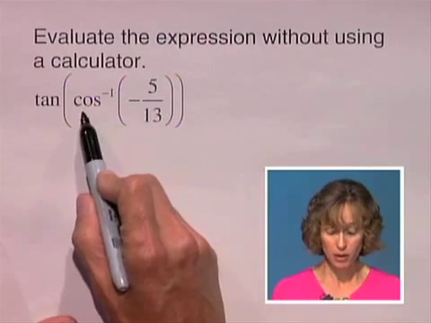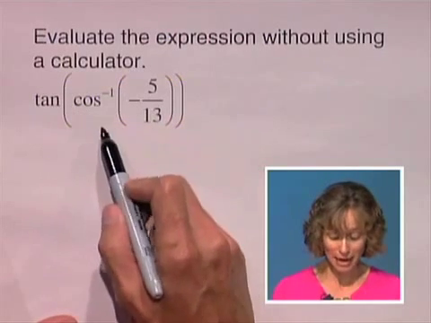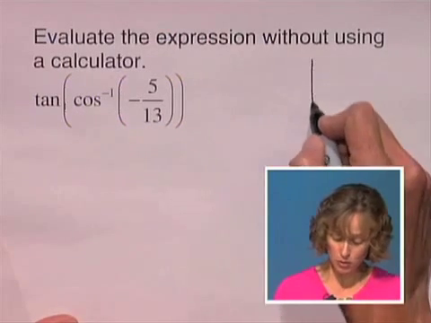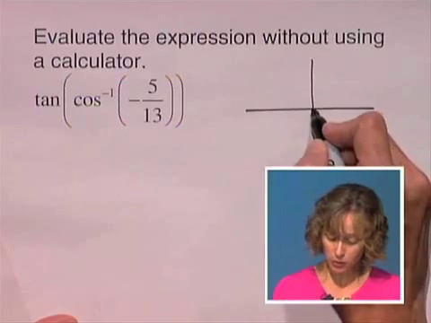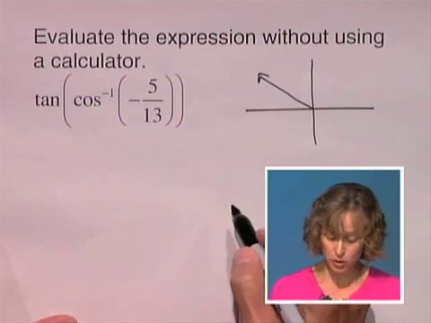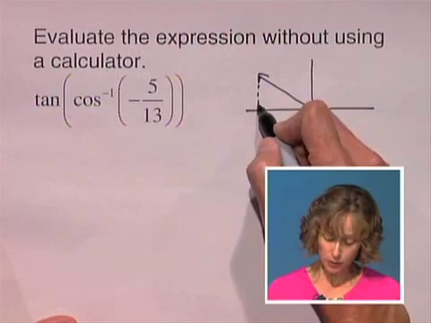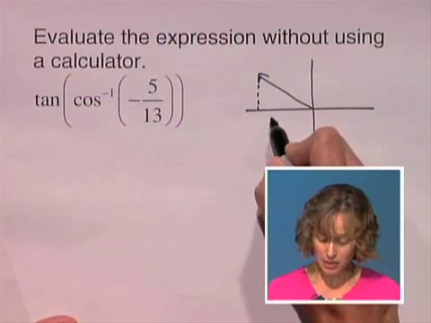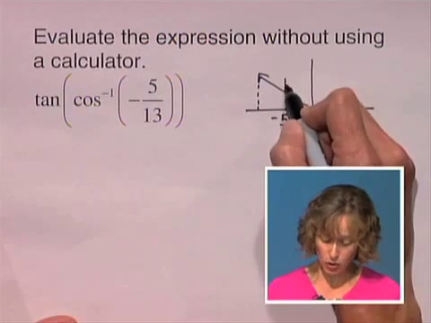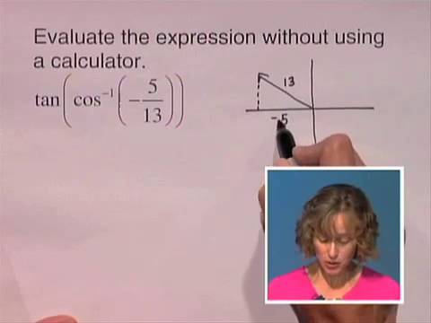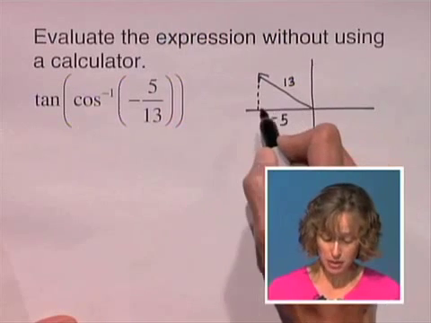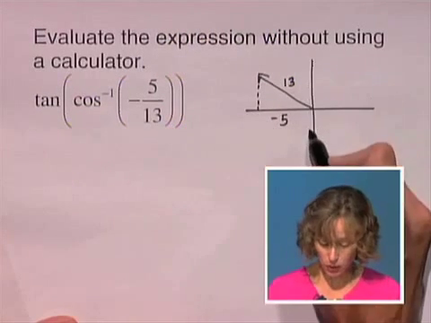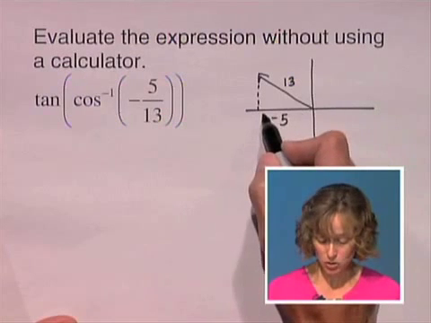So we're looking for this to be some angle in quadrant 2. So I'm going to draw an angle with its terminal side in quadrant 2 and label so that its cosine is negative 5 over 13, attaching the negative to the 5 because I am to the left of the y-axis, so in the negative x direction.